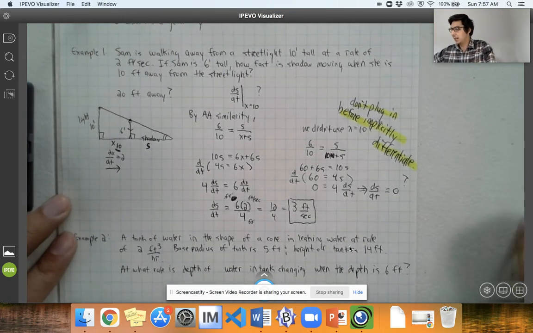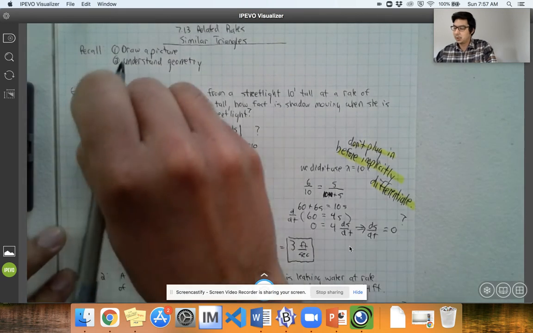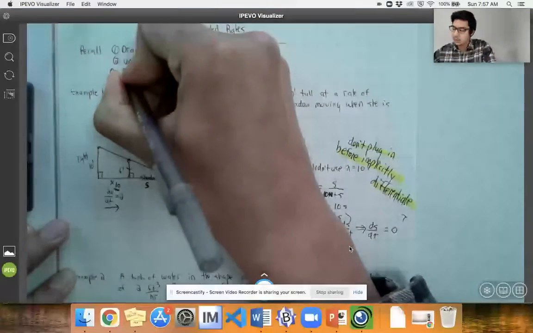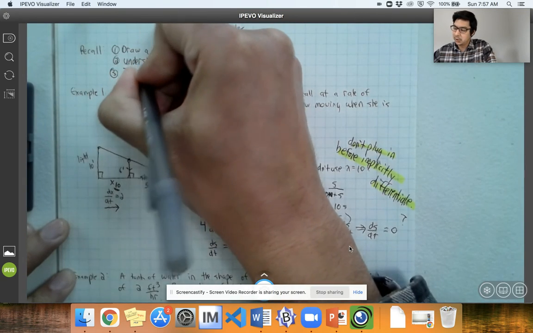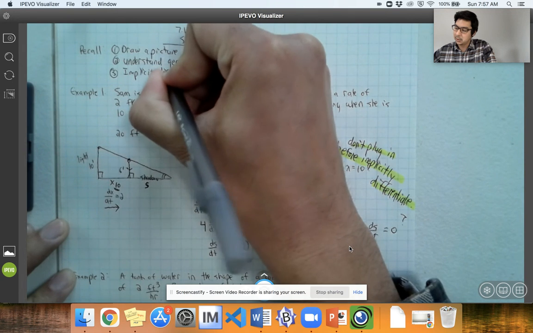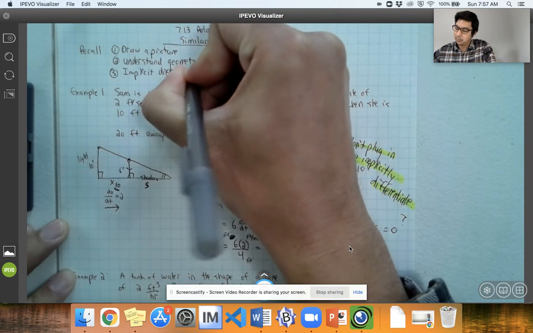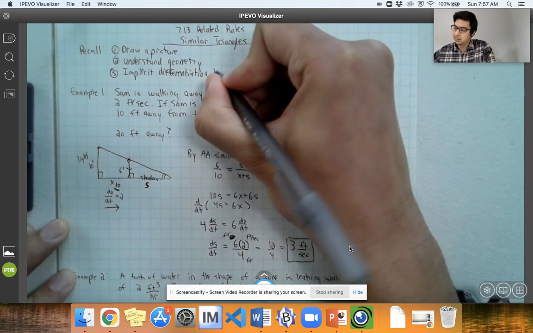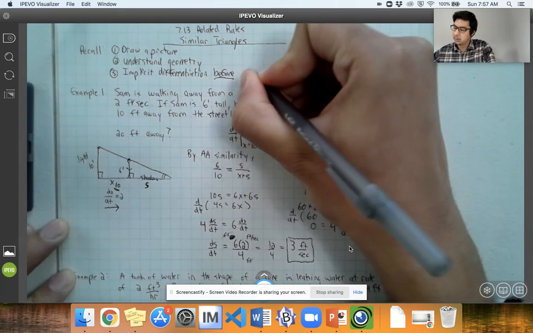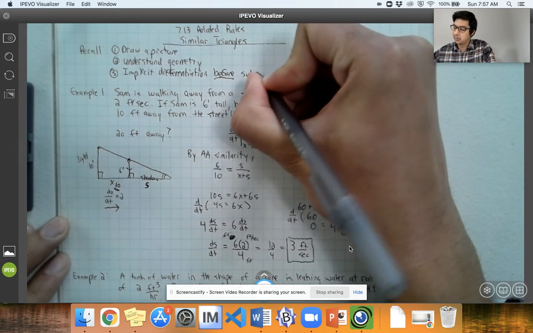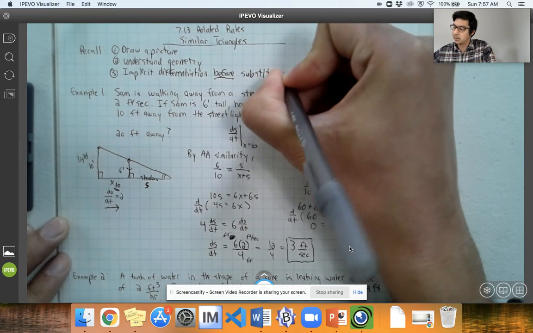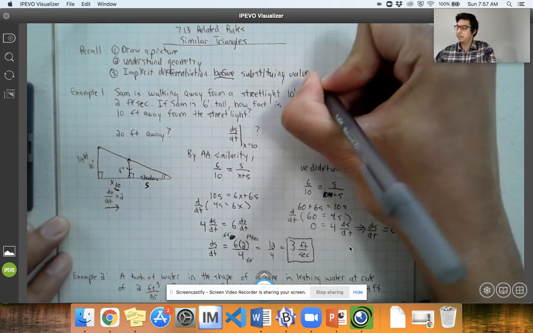So I would have added that to my third hint up here. Draw a picture, understand the geometry. In 3, implicit differentiation to look at the rates before plugging anything in. Before substituting values. There's a little bit more of a math term there. There you go.